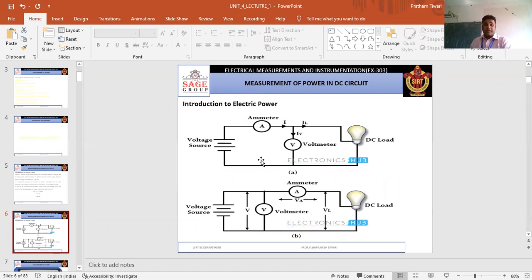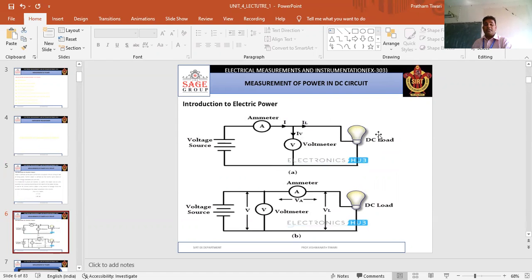We always connect the ammeter in series with the electrical circuit, and the voltmeter is always connected in parallel. In this figure, you can see the ammeter is connected in series with the circuit voltage source, and the voltmeter is connected in parallel with the circuit.